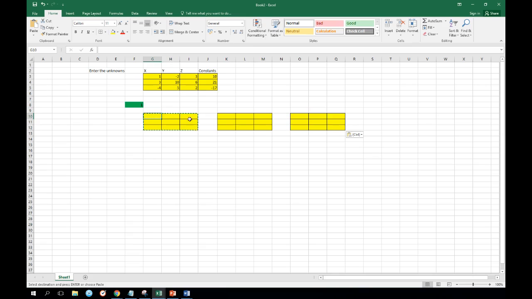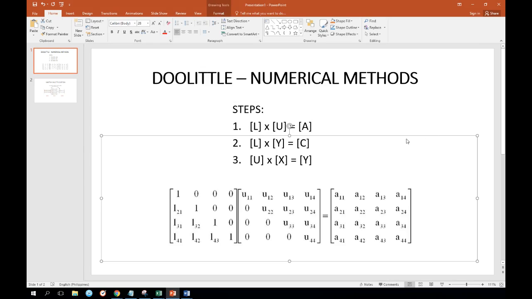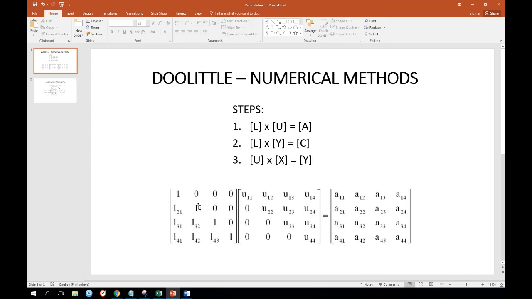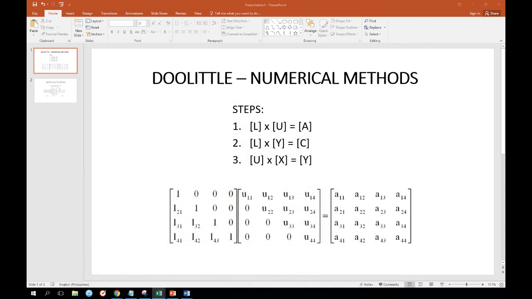Going back to this part, you would see here the first step for the L times U is equal to A. The diagonals for the first part are all 1 and the rest above it are 0. So let's put that here.